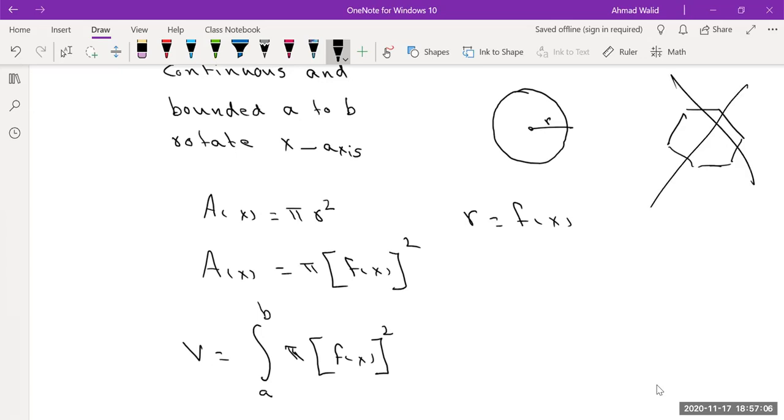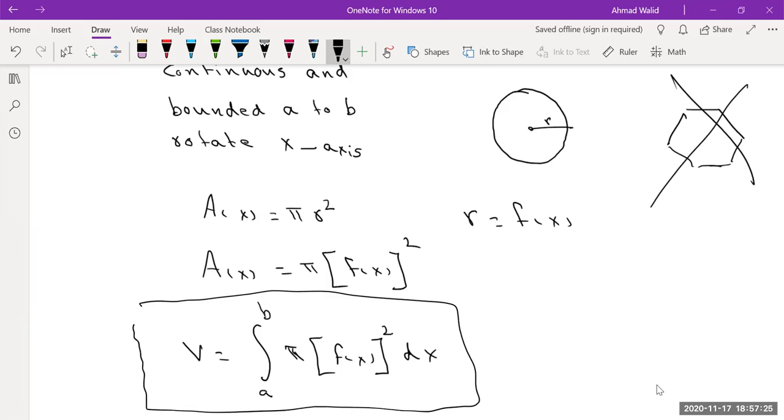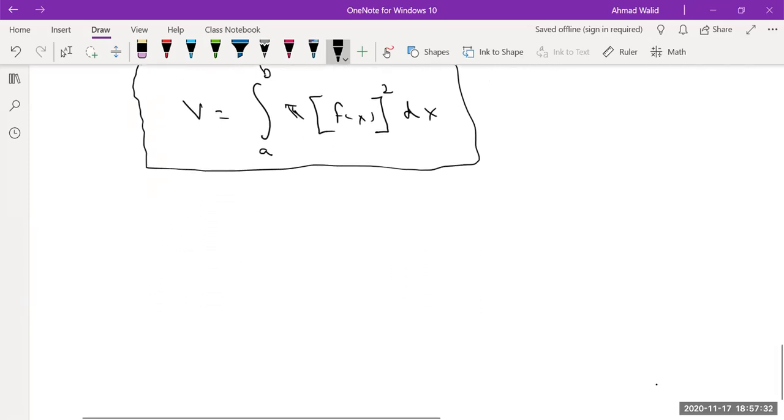You will get immediately a circle, correct? Then my formula becomes V equals the integral from a to b of pi f of x squared dx. Now, using this formula, I can find the volume of any given shape or any given function if I want to rotate my function about the x-axis, or if I want to rotate my function about the y-axis.